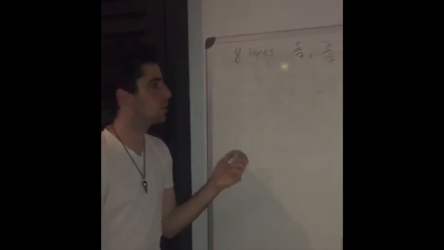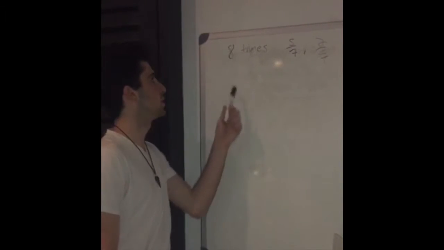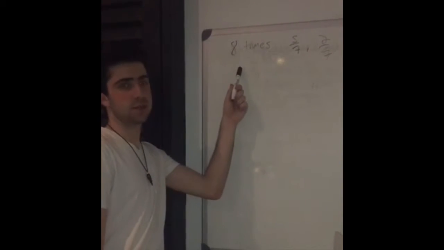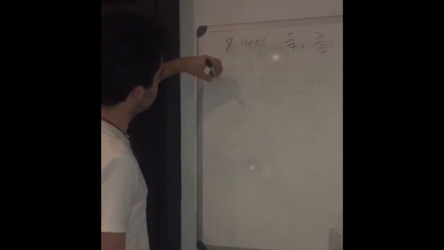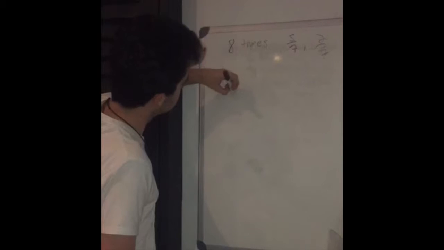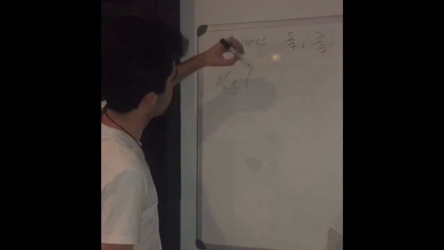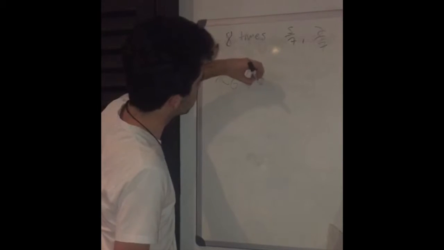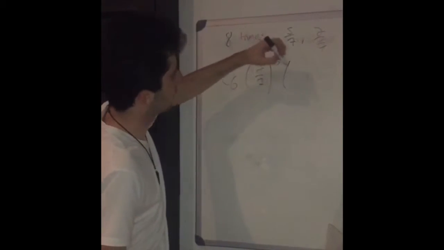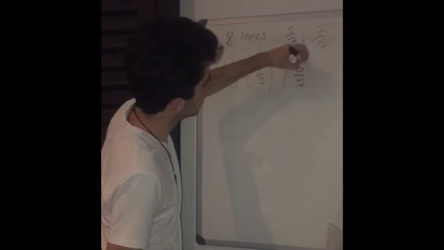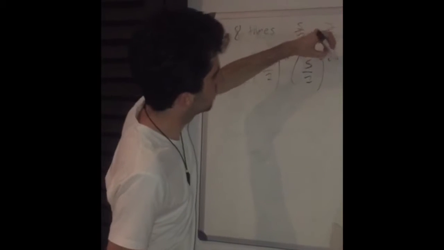So now we just plug the numbers into the formula. The problem asks what is the probability of finding her frowny 3/4 of the time, which will be 6, because 3/4 of 8 is 6. So we do 8 choose 6, and now the probability of finding her frowny, 2 out of 7, to the 6th power, and then the probability of finding her happy, 5 out of 7, to the power of 8 minus 6, which would be 2.